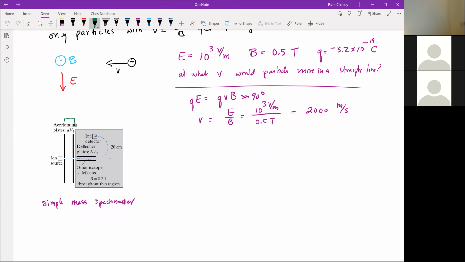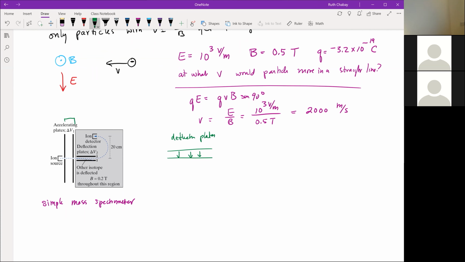Then they enter a region where there's a magnetic field in the grayed out region. There's a magnetic field through this gray region that's uniform. But there are also some deflection plates here, so there's a potential difference, delta V2. The deflection plates make an electric field up or down in that region.